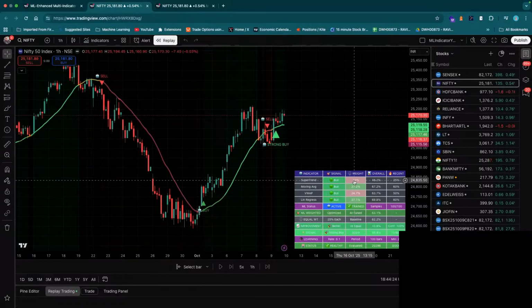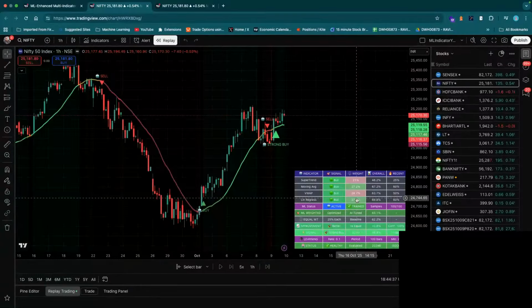You have the weights, and these keep changing. The least performing indicator gets the lower weightage, and the best performing indicator gets the higher weightage at that point of time. That's how this entire thing is designed and coded. That's the ML part of it.